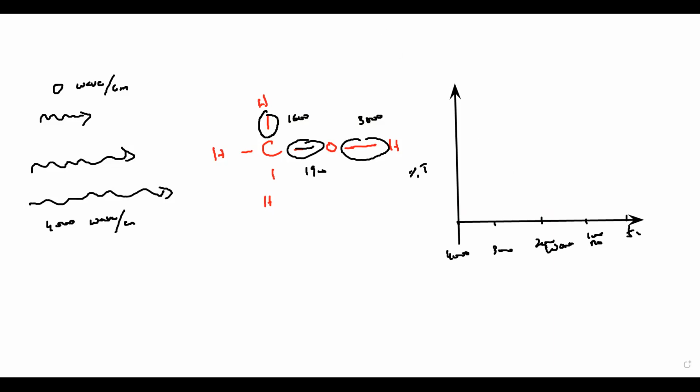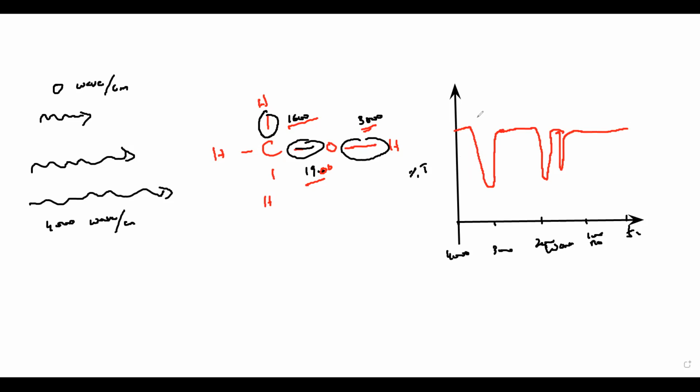So what we'll observe is that 1600 is absorbed, 1900 is absorbed, and 3000 is absorbed. At 3000, there will be an inverted peak, which means it is being absorbed. Then 1900 is absorbed, so there will be a peak at 1900, and 1600 is also absorbed, so there will be a peak at 1600.